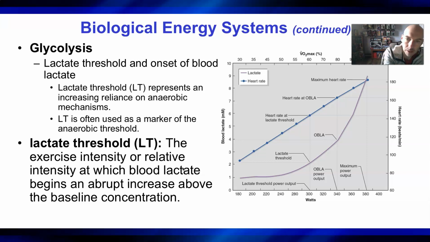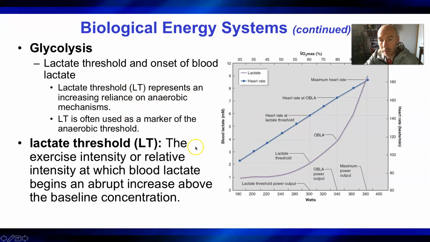So what happens when we rely on fast glycolysis? Remember we said when we're using fast glycolysis, lactic acid is going to be a product, okay? Eventually, if lactate does continue to accumulate, we may reach this point that we refer to as the lactate threshold. Okay, the lactate threshold represents the increasing reliance on anaerobic metabolism.